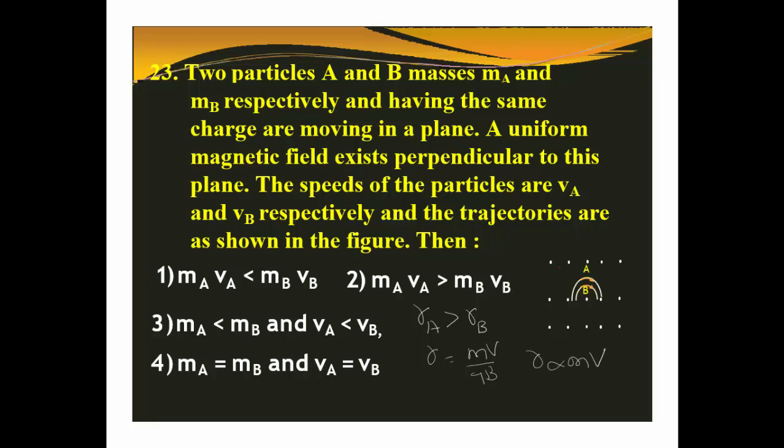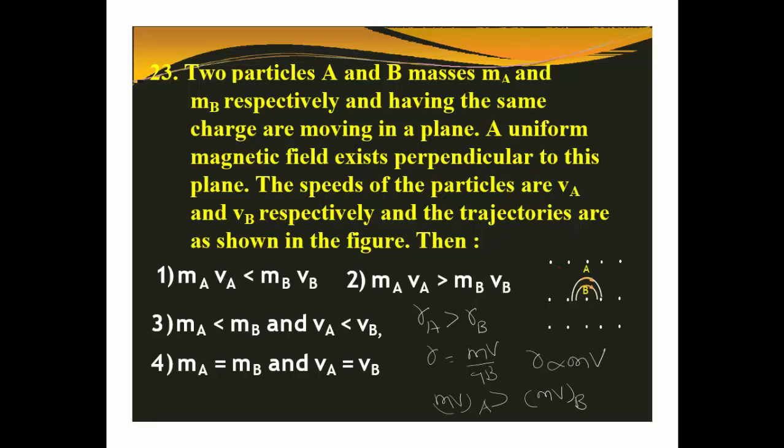If RA is greater than RB, it indicates that mv for A will be greater than mv for B.